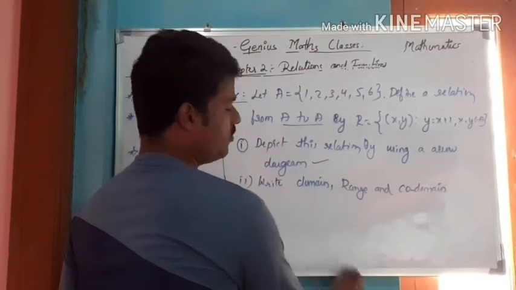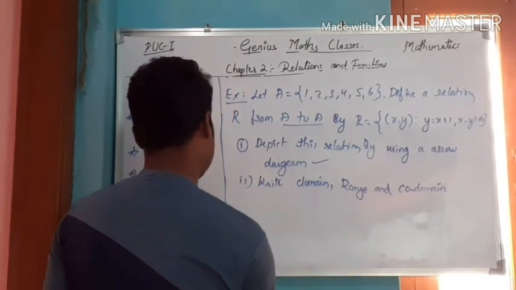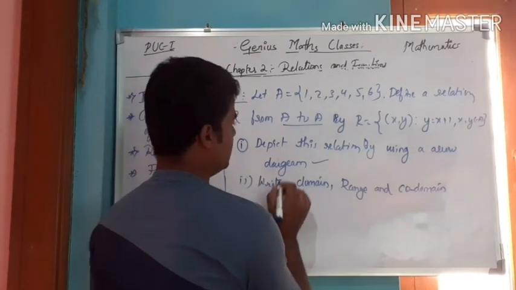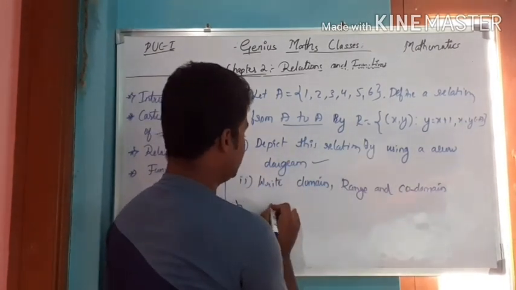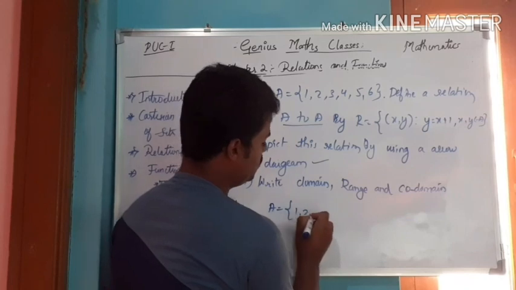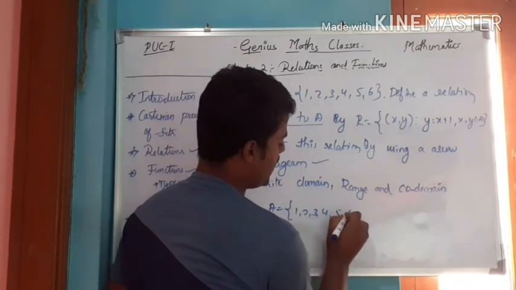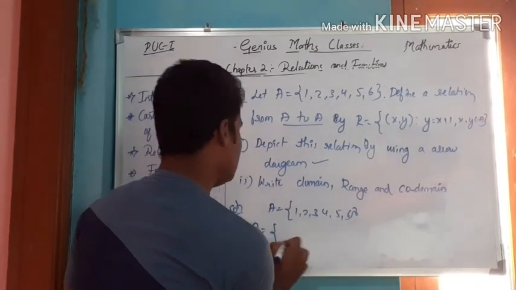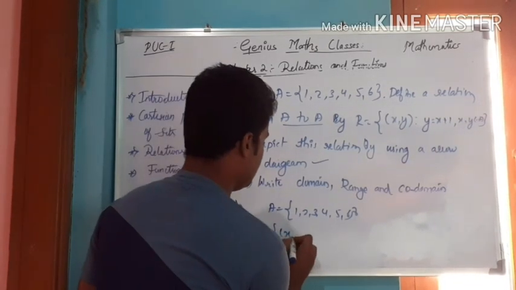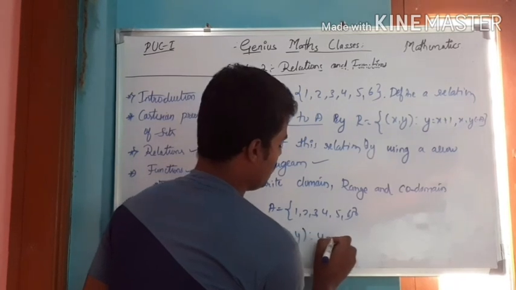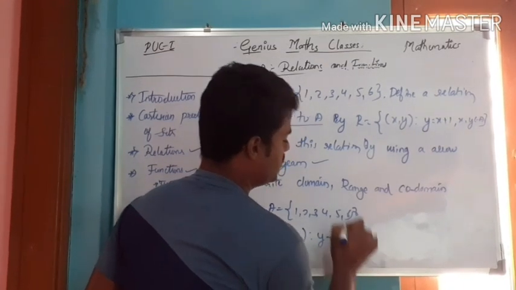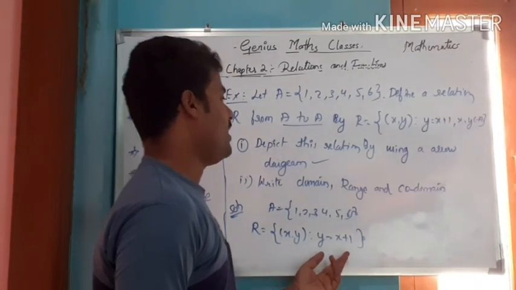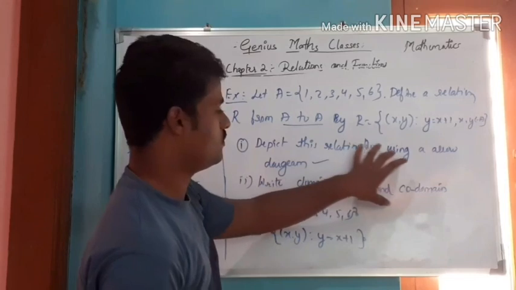Okay. The solution here. Observe the set. Write down the set {1, 2, 3, 4, 5, 6}. So what is the relation? R is (x, y) such that y equals x plus 1. Using this, I have to deal with these two problems.